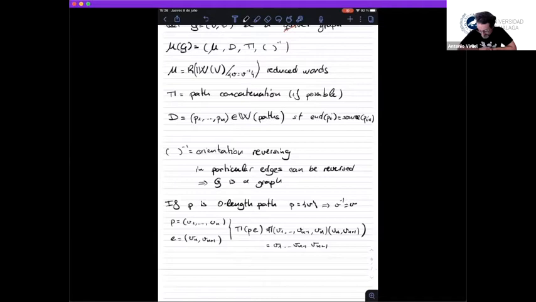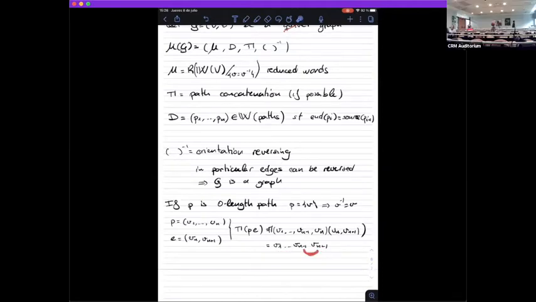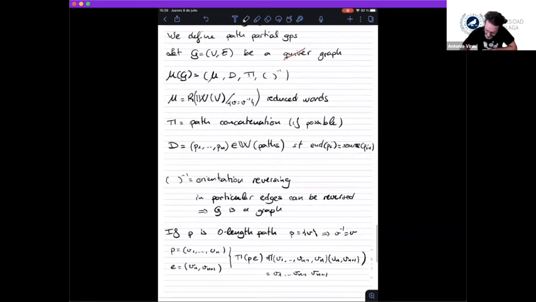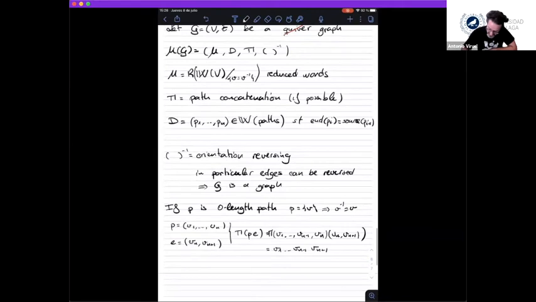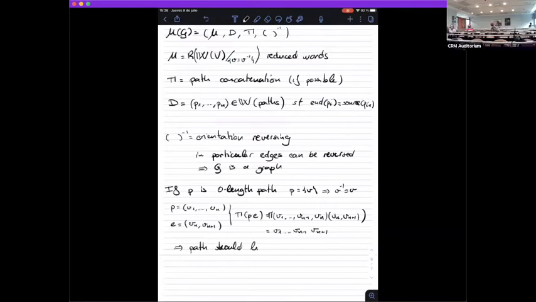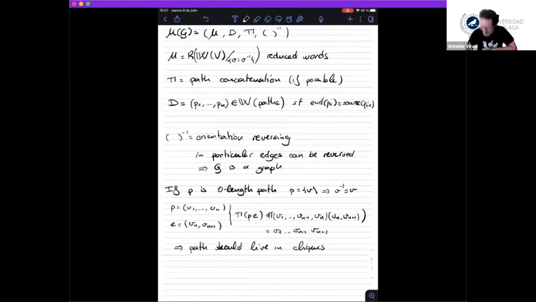And, well, these have to be a path, right? So that means that there should be an edge in here, right? So it's not just paths, but then paths should live in cliques, right?